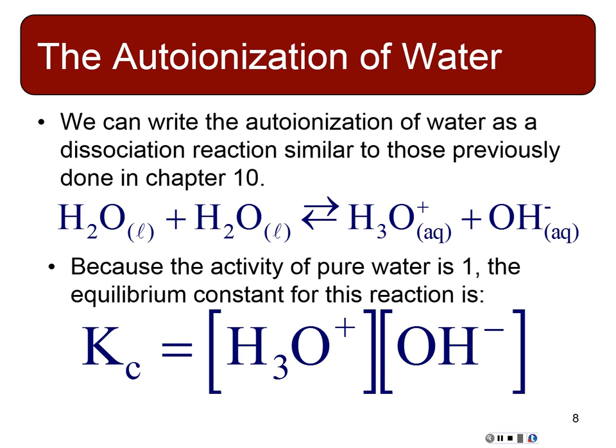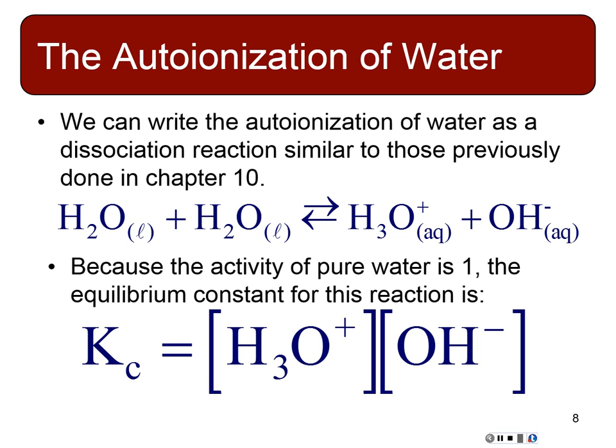It was the concentration of products over reactants. Well, here both of our reactants are water, and we consider them to be what's called an activity, meaning they're one. So they just cancel each other out. So our Kc in this situation is just the concentration of the products. You can think of it as over 1 if you wanted to.